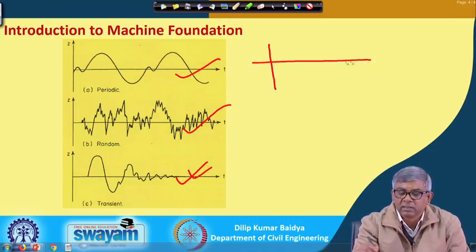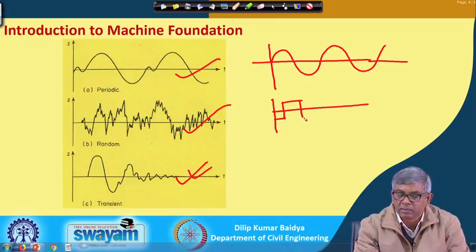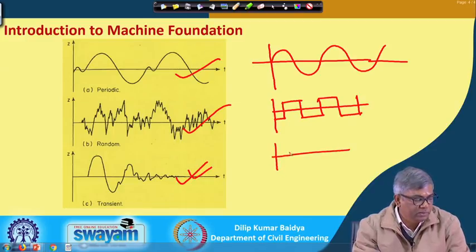You can see this can be periodic, and then another periodic can be like this. So, like this is also periodic. Then suppose we can have something like this.